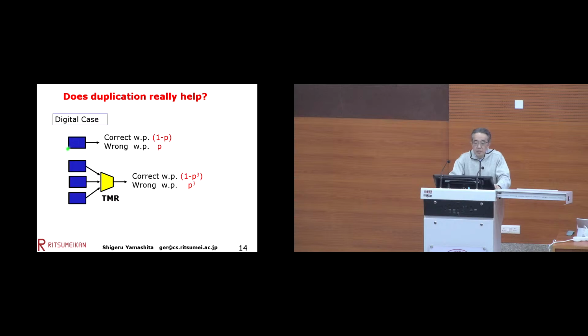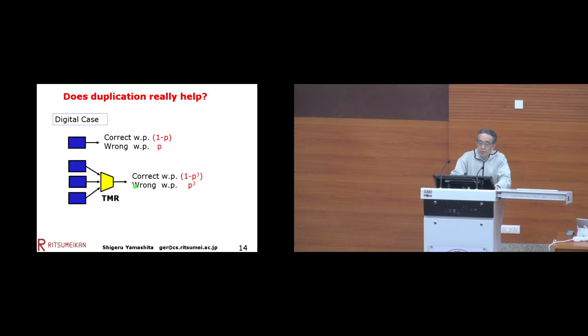For example, if you have one digital module, and your module outputs a wrong answer with probability p, then there is a good way to decrease this probability called triple modular redundancy. This is maybe very famous. That is, you duplicate it three times and take the outputs, and then just do majority voting.